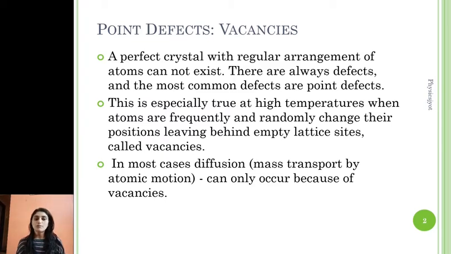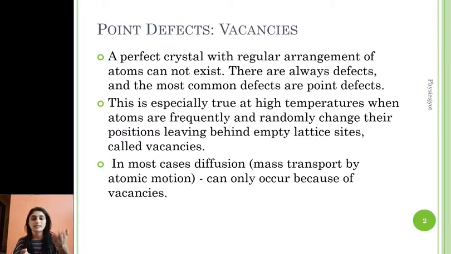Now when we talk about a perfect crystal, a crystal with a regular arrangement of atoms, it cannot exist. There are always defects, and the most common defects that we know are point defects. This is especially true at high temperatures, because at high temperatures atoms start vibrating about their mean position more frequently, since atomic vibrations are temperature dependent.